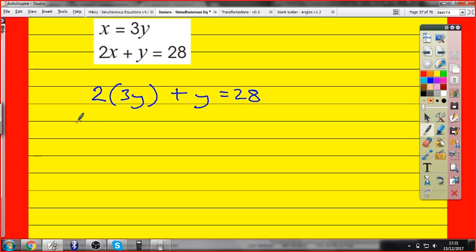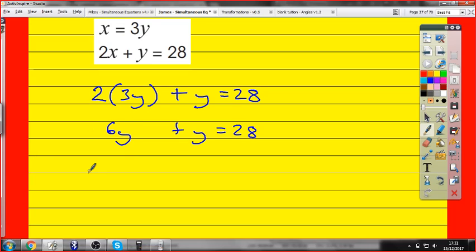Is y equal 22? Well, what is 2 times 3y? 2 times 3y is 6y. So then you're left with 22. This is 6y, not 6.